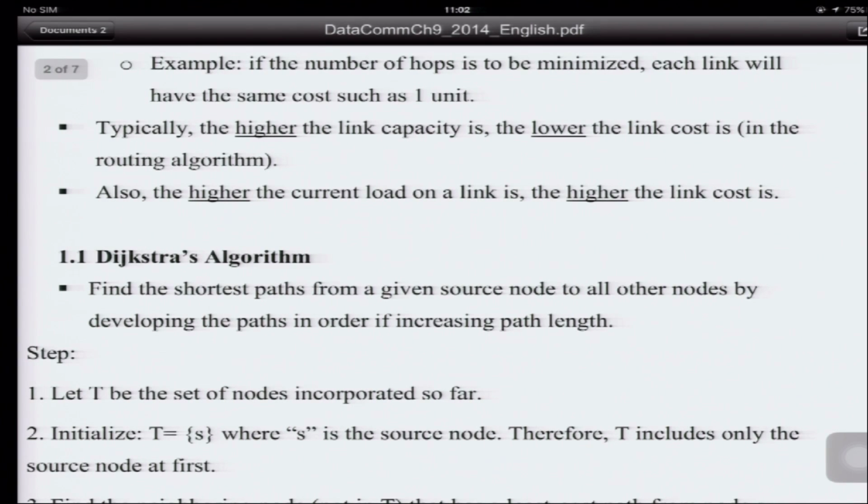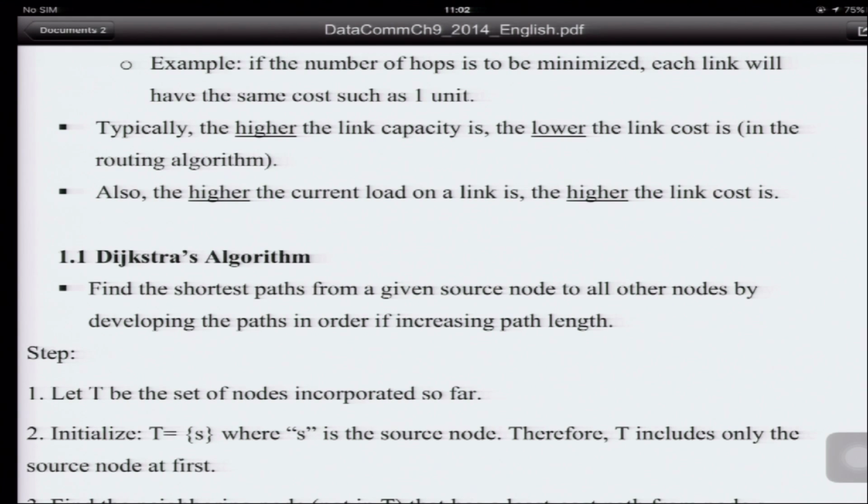Usually, if you have a higher link capacity, for example, if the link is fiber optics, so you have high link capacity, then you want people to use your link, right? Then you will charge individual users less so that they will use your link.